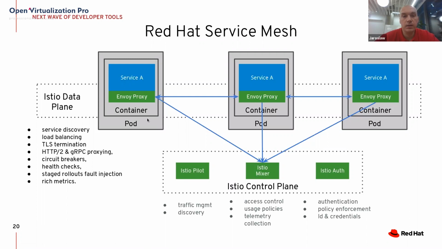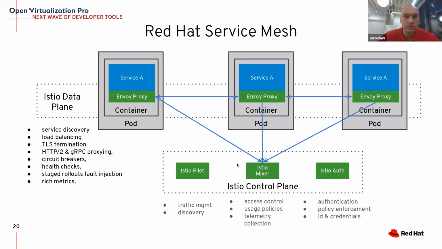And then in the service you want to be managed by the mesh, you need to add an additional sidecar container called Envoy proxy, and with that proxy all the communication between the services will be routed via this proxy. So this is the place where all the policies you define will be executed according to your Service Mesh configuration.